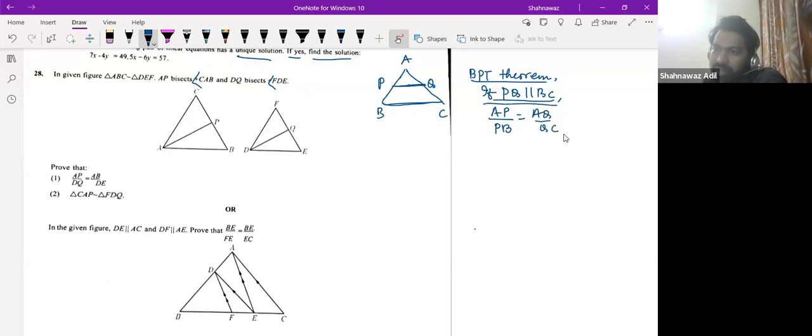This is the BPT theorem that you have studied in the triangles chapter, right? Do you remember this thing? Yes, Amar, do you remember this?